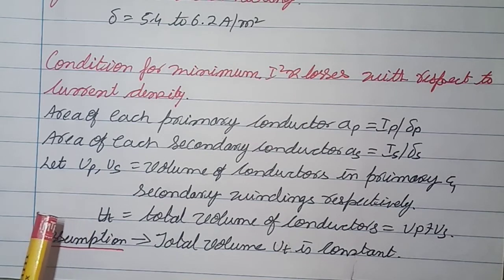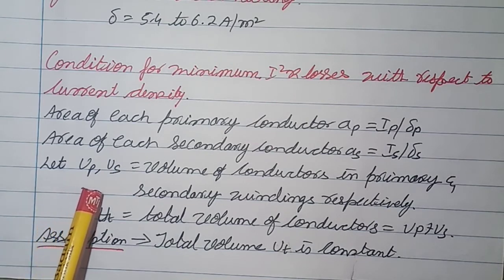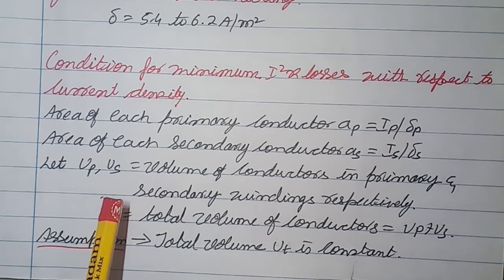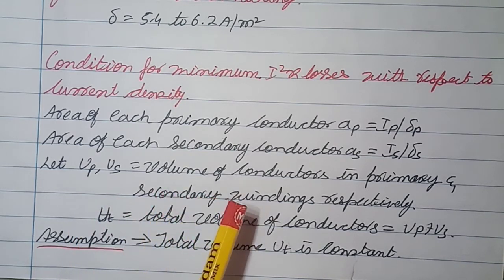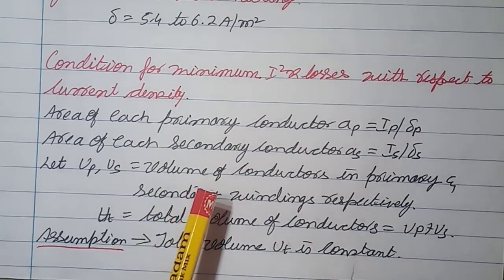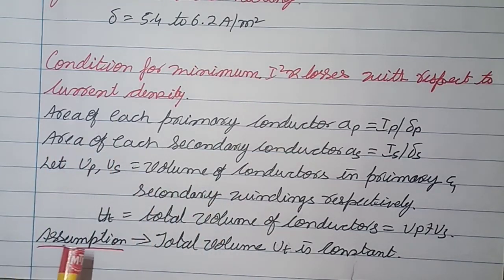Next we are assuming UP and US, which are nothing but the volume of conductors in primary and secondary windings respectively. And we have UT, the total volume of conductors, which is the summation of the primary conductor volume UP plus the secondary conductor volume US, so UP plus US is UT. The next assumption is that the total volume of the conductor, UT, is constant.